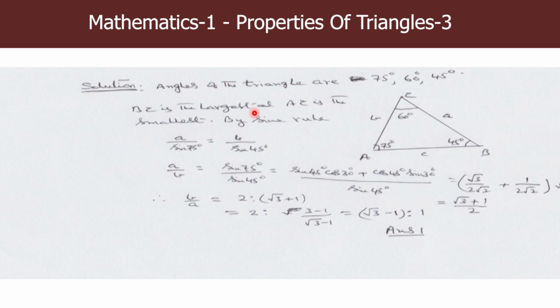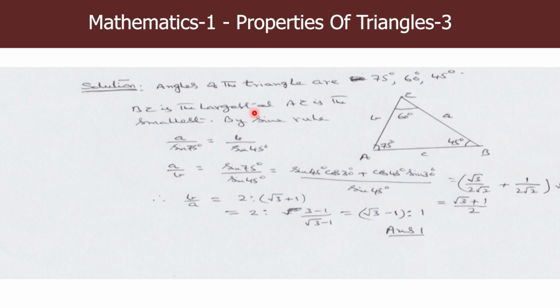By sine rule, you can say that a by sine 75, if you see the diagram, is equal to b by sine 45. So therefore, a by b is equal to sine 75 by sine 45, and that is root 3 plus 1 by 2.